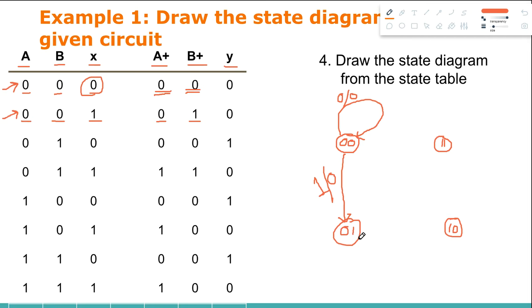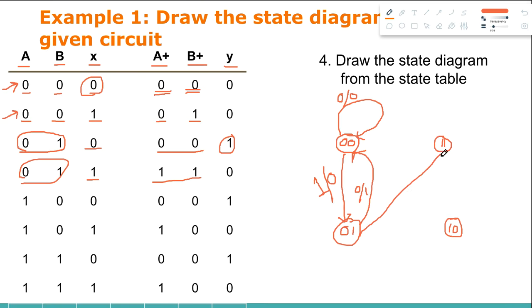Now for 01, if the input is 0, the next state is 00 and the output is 1. So here the output is 1. And for 01, if the input is 1, then the next state is 11 and the output is 0. Okay, I think you get it by now.